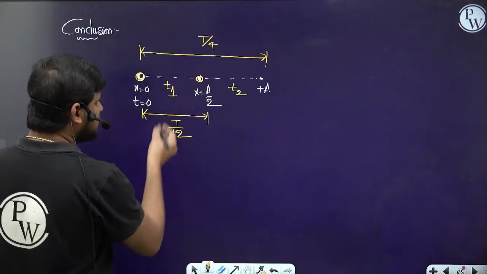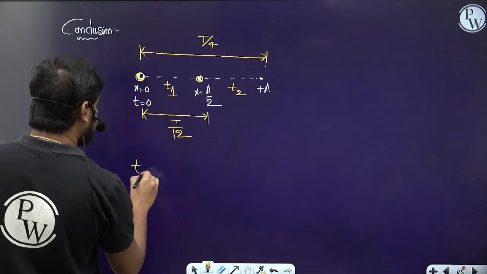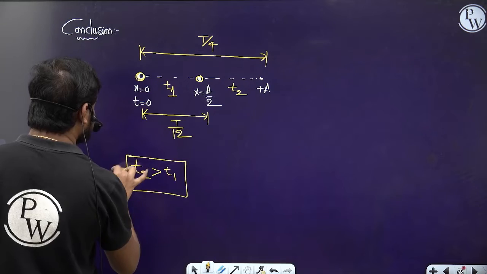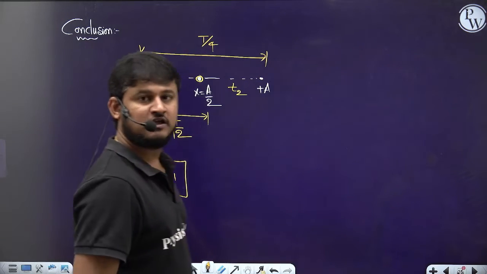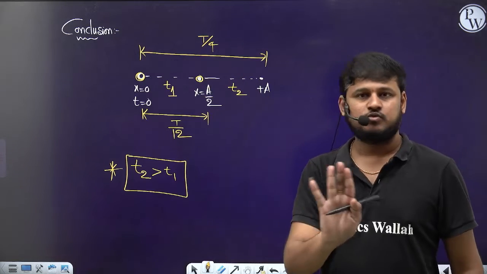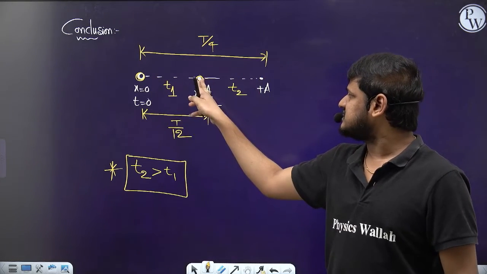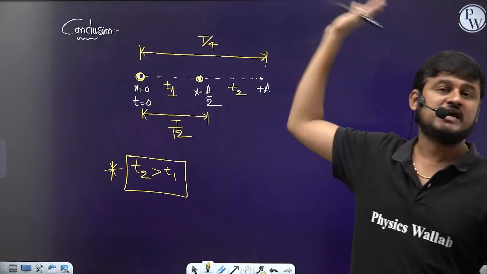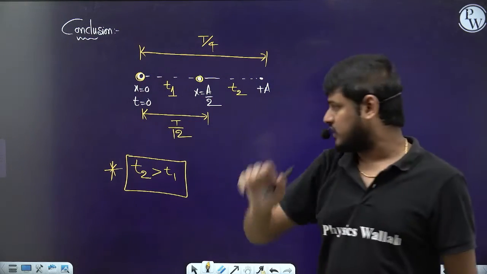The first conclusion you can write is that the time t2 will be greater than t1. So it will not cover equal distances in equal time. Here it takes less time, here it takes more time, because the velocity keeps decreasing from the mean position to the extreme position. Very important.